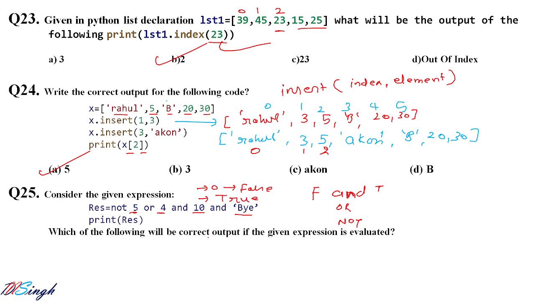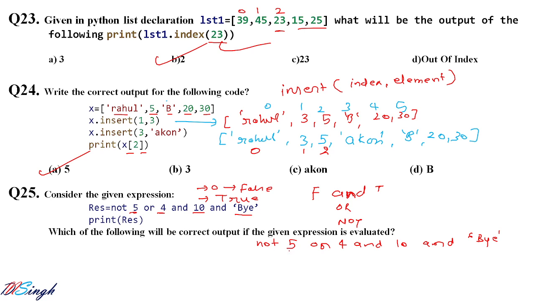Let us solve this question. So here you have not of 5. So not of 5 is False, then or 4 and 10 and by. And the last operand to this and is very special, that is a string we have given.